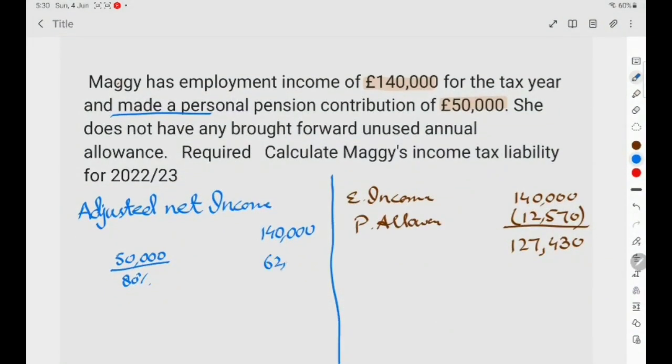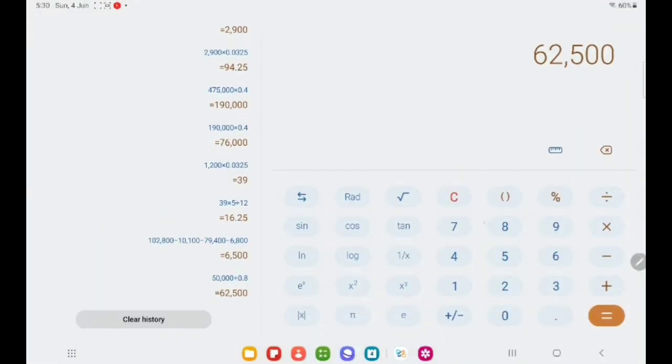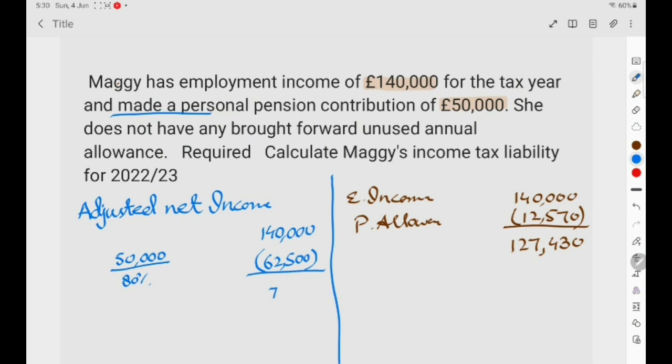After deducting the gross personal pension contribution of 62,500 out of 1,40,000, we get 77,500. So as our adjusted income is 77,500, less than 1 lakh, full personal allowance is available.